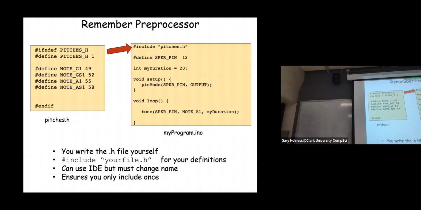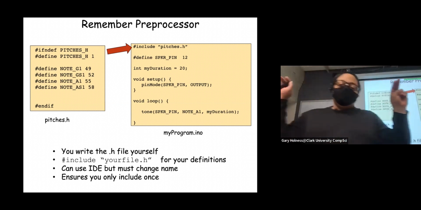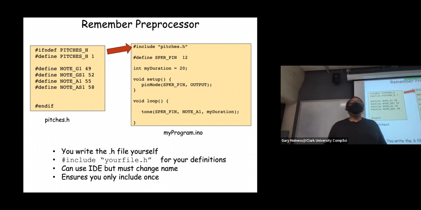And so in C++, or the subset of C++ that is Sketch or the Arduino, you pull in the definitions with the number sign include. And if it's your own header file, you use the quotations, open, close quote, with the name of your header file, making sure that it's in the same directory as your program, your INO. And then if you're using something else that's by the system, you have to make sure to have the bytecode for those libraries.